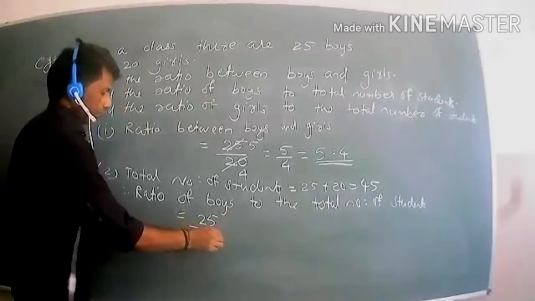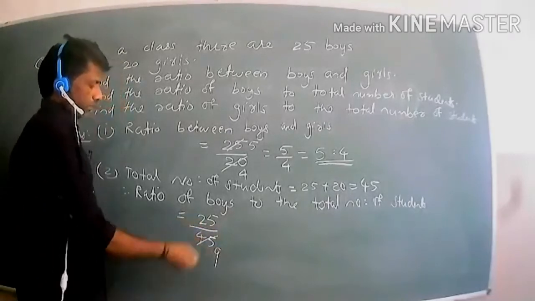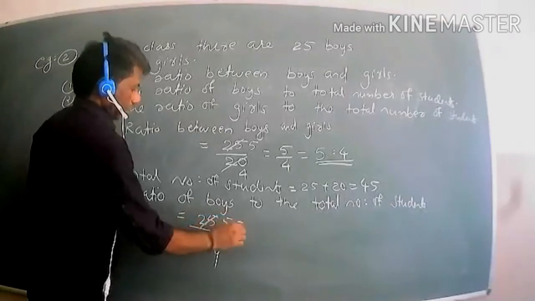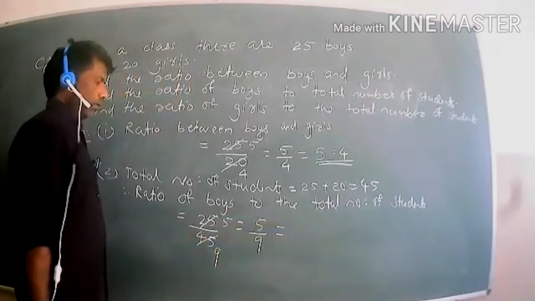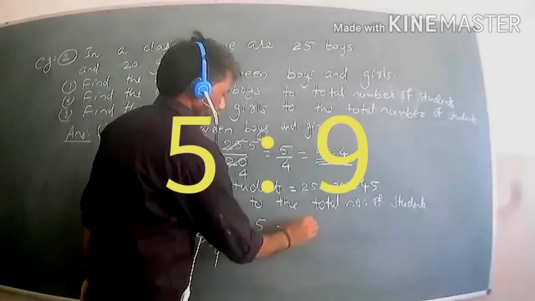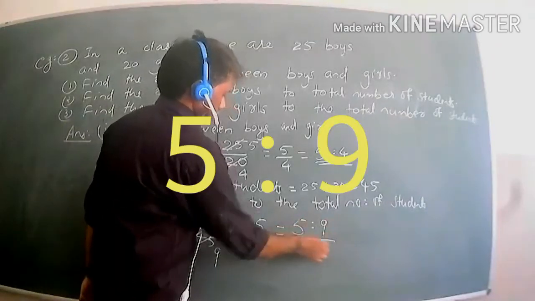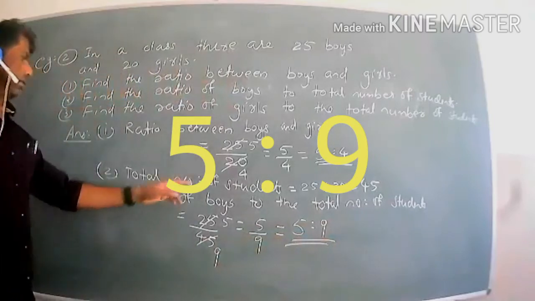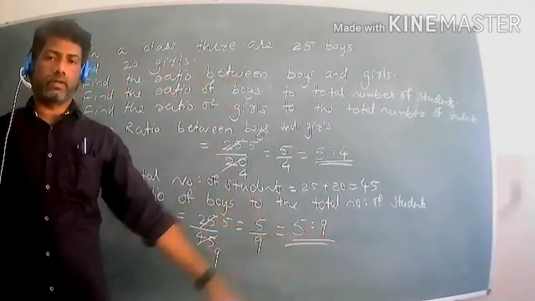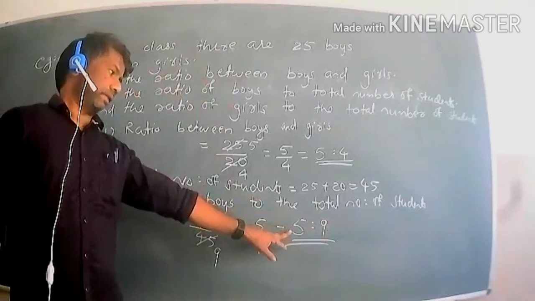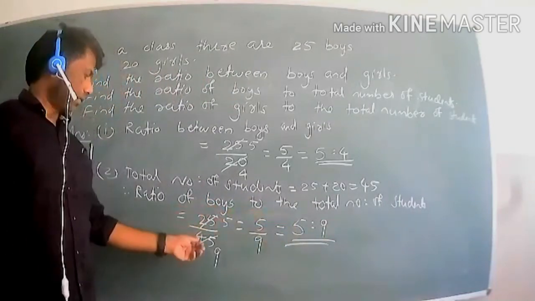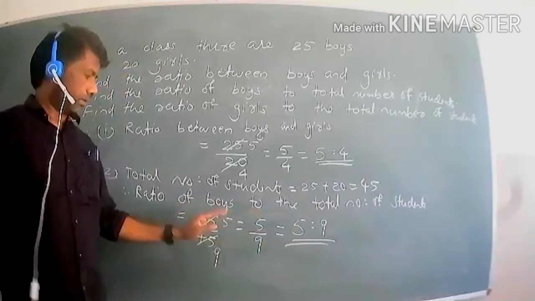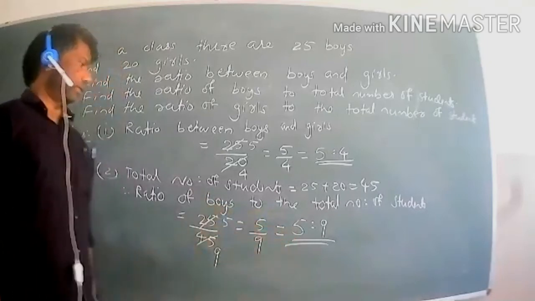Clearly 5. 5 9s are 45, 5 5s are 25. So the answer is 5 divided by 9, or in ratio form 5 is to 9. So this is the ratio between boys and the total number of students. Boys is given first, so the number of boys should be written in the numerator, total number of students in the denominator. Cancelling, you will get 5 is to 9.